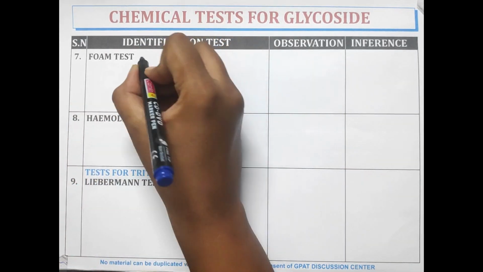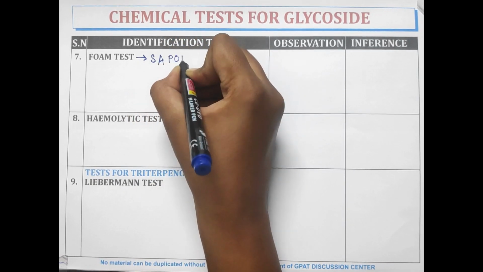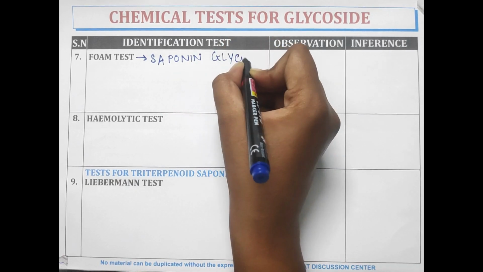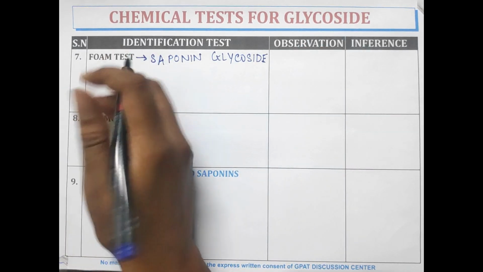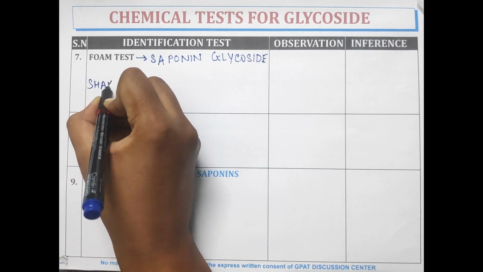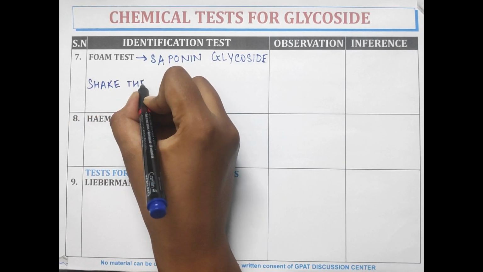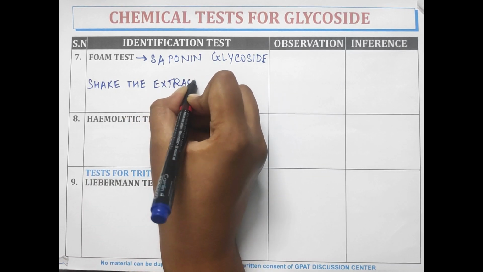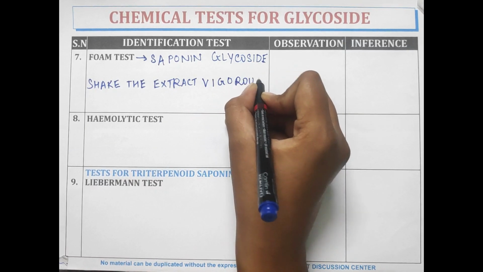Foam test is performed for saponin glycosides. In foam test, the extract is shaken vigorously with water.